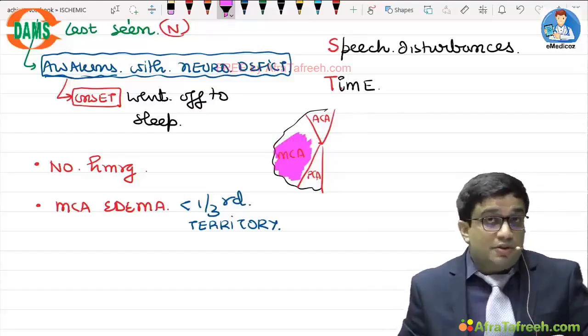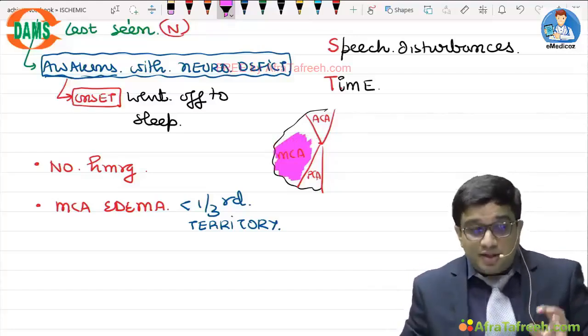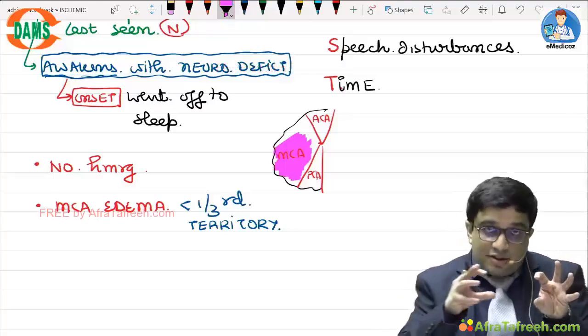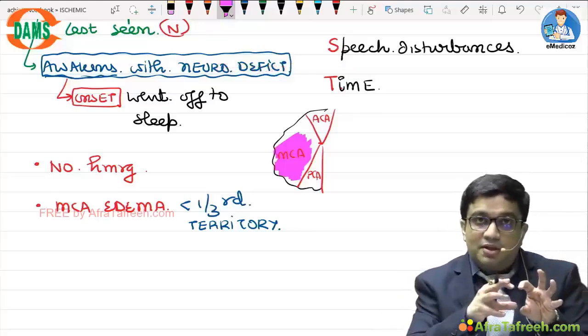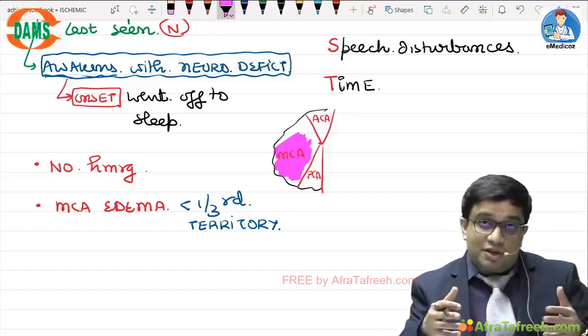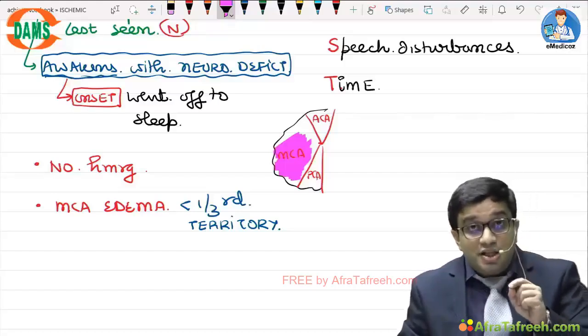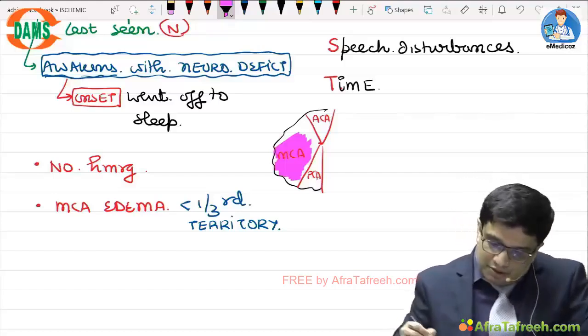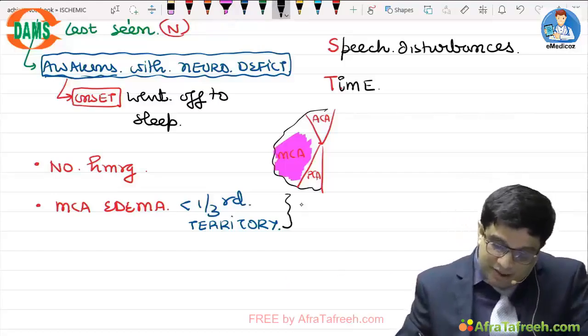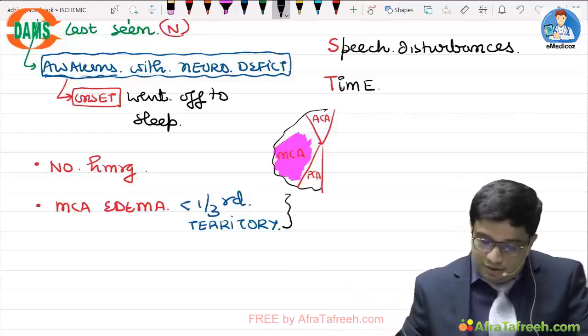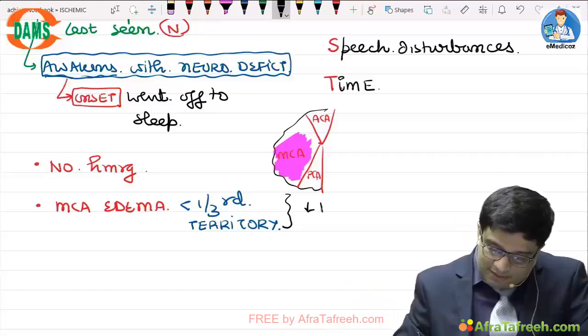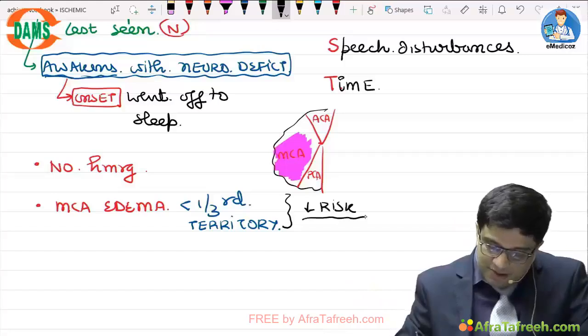What do you mean by the word hemorrhagic transformation? There was an infarct and I gave a drug, Brahmastra, recombinant TPA. So instead of reperfusion, it caused hyperperfusion. Hyperperfusion can cause hemorrhage, so we use the term reperfusion hemorrhage for them. So let me write this down. In an MCA infarct of more than 1/3 the territory, because you know they have a larger risk of hemorrhagic transformation.